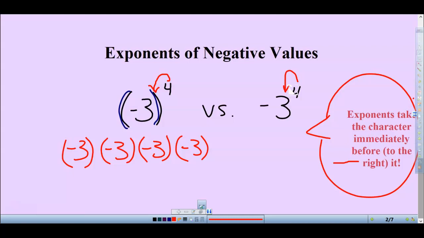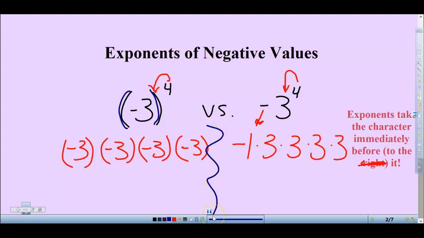Now, if you remember, any multiplication problem has a factor of 1. We just don't normally write it unless we need it. Okay? Here is more or less saying we have -1 times 4 3s all being multiplied by each other. So why does it matter?